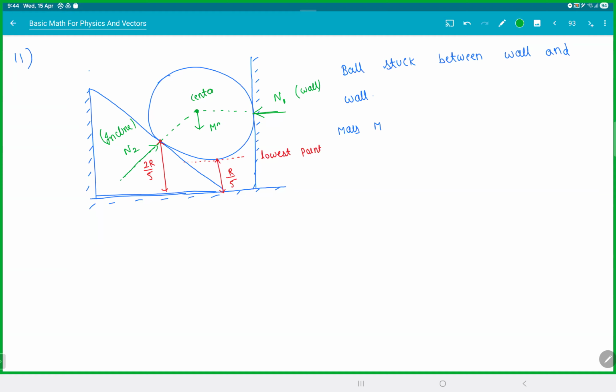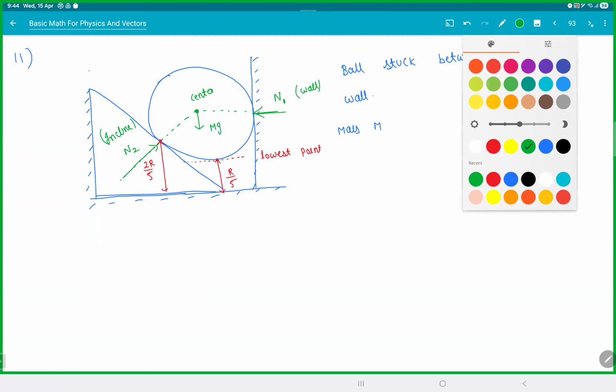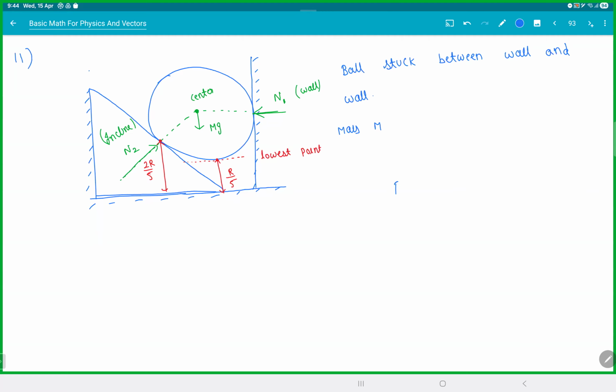What about the angles? I didn't give you the angle. So the whole question is you have to figure out the angles now. Find N1 and N2 if the ball is at rest. I hope the picture is clear. We have a wall to the right side.